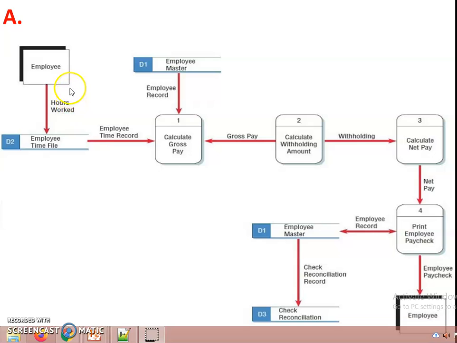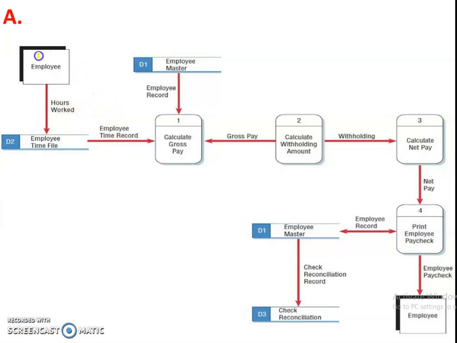So here, class, this is the first mistake that we have. An entity connected to the data store is wrong, so there must be a process in between. Another wrong here is this process symbol, which receives an input but has no output.